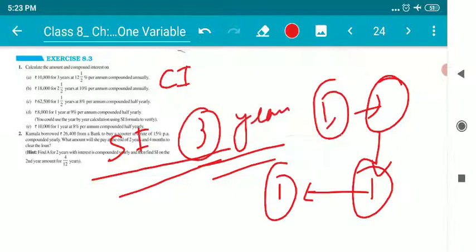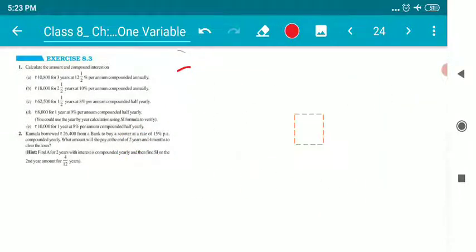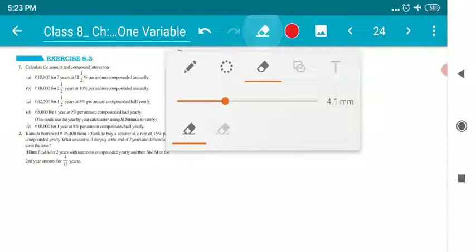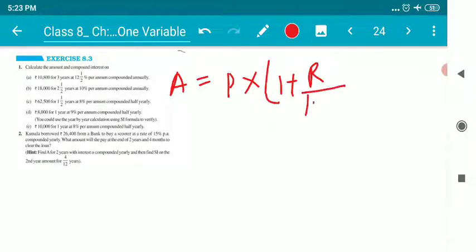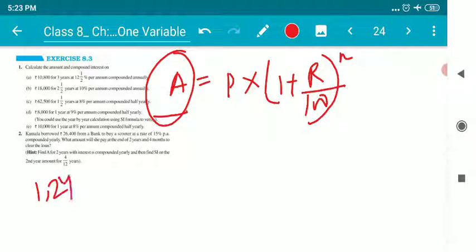So children, of course the formula for compound interest is different. To calculate the compound interest, first we need to calculate the amount. The formula for amount is principal into (1 plus r by 100) whole to the power n. What is amount, children? How much I'll pay back in total. For simple interest I showed I was paying 1,24,000 in total.